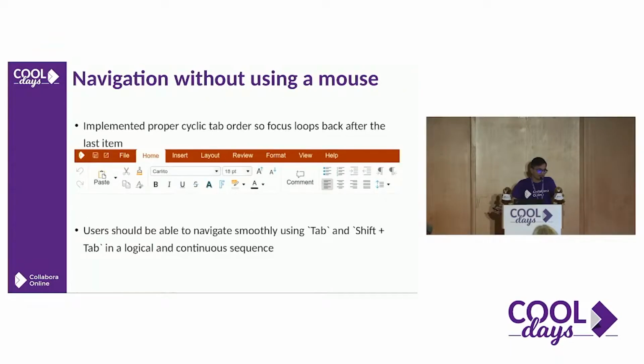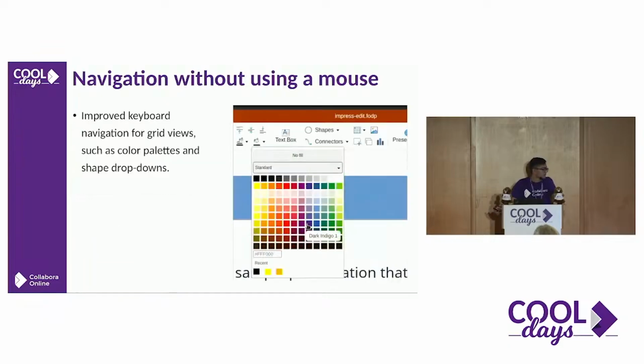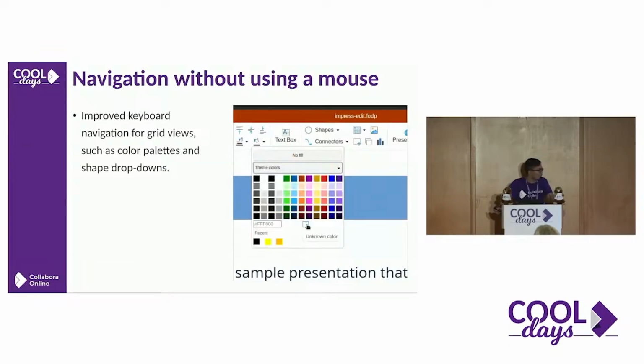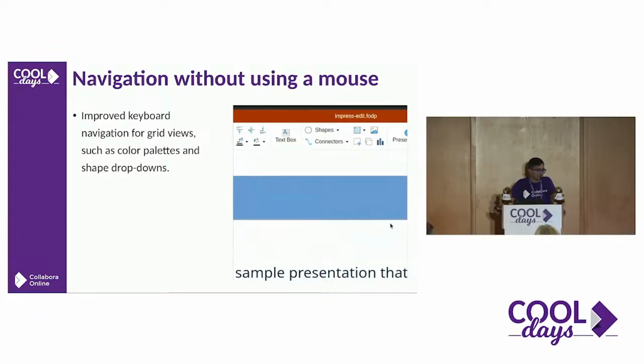This is the navigation bar I am talking about. You cannot even go using the left or right arrow keys or the tab function to move around from the file tab to the home tab or insert tab. And there are some improvements in the grid as well, for the color palette.